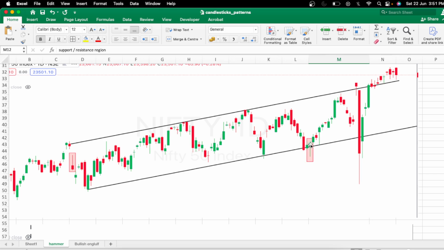But this is our candle, and the immediate trend, if you see the last 10 candles, these are red. I mean, the immediate trend is down. So we have our hammer, we have our downtrend, and we also have the trend line support. This is our support zone, this trend line support. So all three conditions are satisfied, and I will be taking this trade because all my conditions are satisfied.